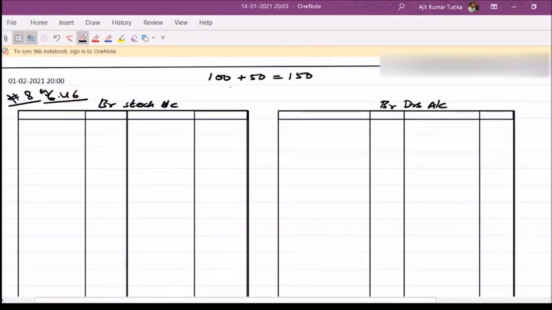Now if I compare this profit of 50 with 100, it will be 1 by 2. And if I compare 50 with 150, which is 50 by 150, it will come to 1 by 3. So I am writing here 1 by 3.